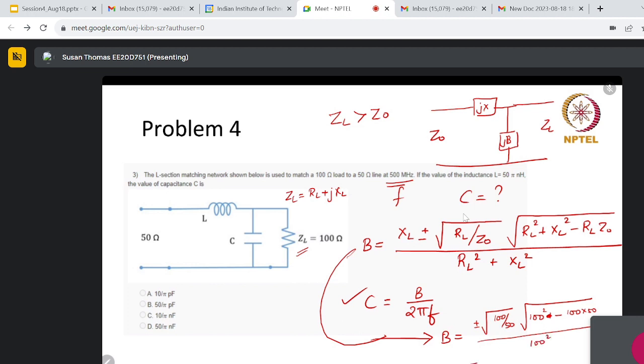So what will be the value of B? Can you please try to solve this?